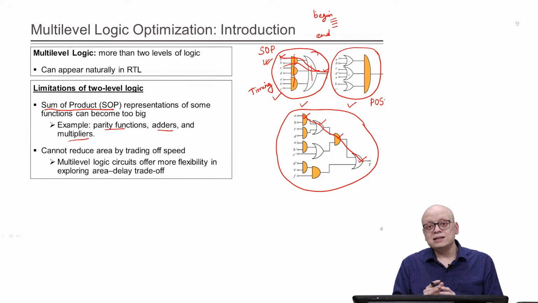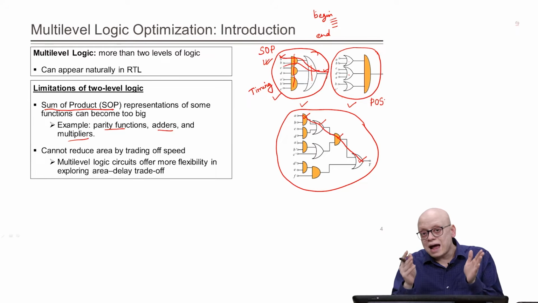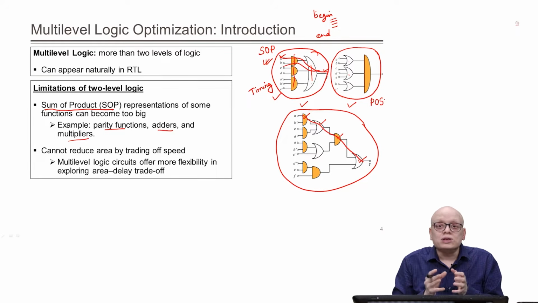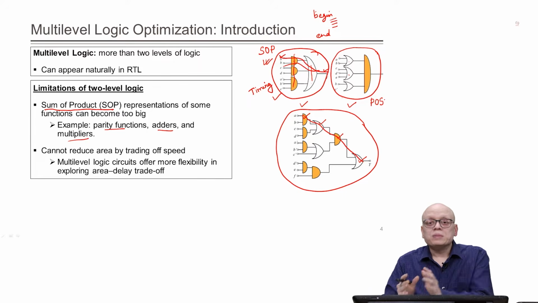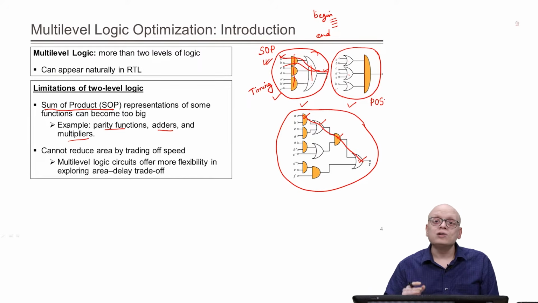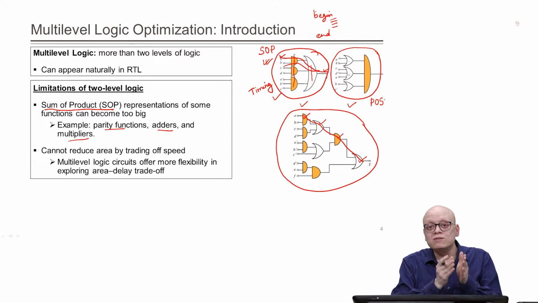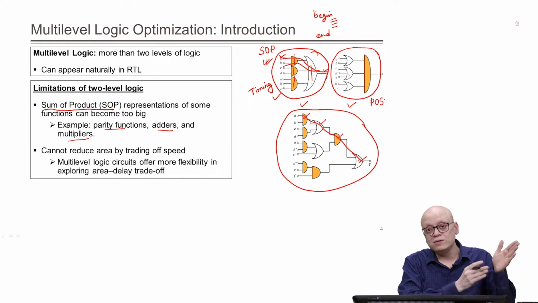Additionally, the problem is that we cannot trade off timing to improve the area, meaning that in a two-level logic we cannot increase the delay, trading off performance, to reduce the area of the circuit. But multi-level logic allows that kind of freedom. Why? Because in multi-level logic we can have, say, 3 levels of logic, 4 levels, 5 levels.